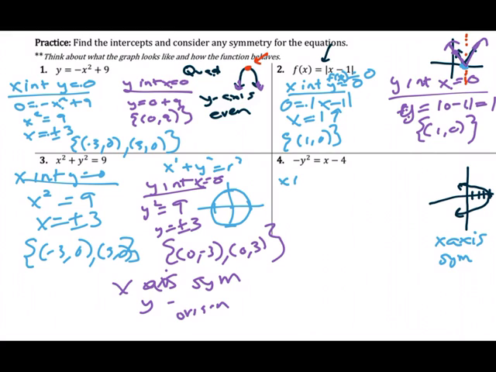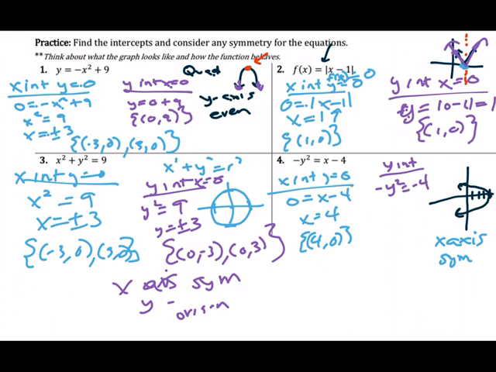So let's find the x-intercept. x-intercept means that y is 0, so 0 equals x minus 4, so our x-intercept is at (4, 0). Our y-intercept means that x is equal to 0, so negative y squared equals negative 4, so y squared is 4, so y is plus or minus 2. So we have y-intercepts at (0, -2) and (0, 2).